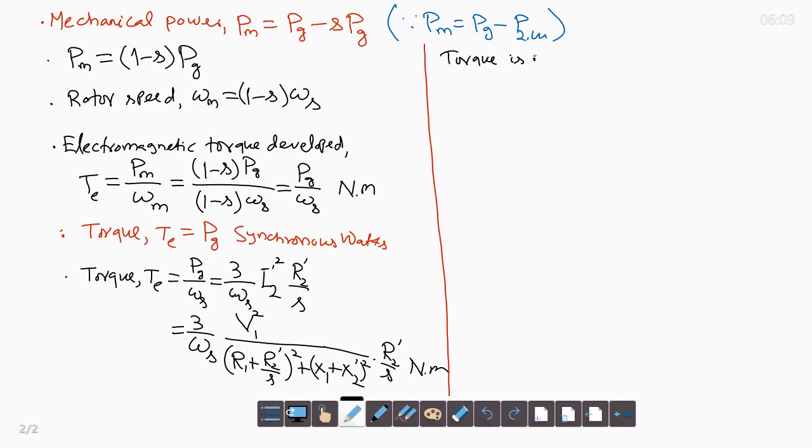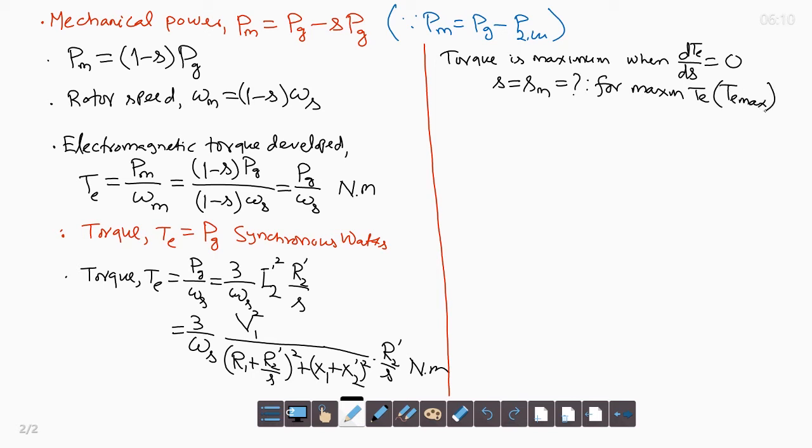Torque is maximum when mathematically dt by ds equals 0, because in the torque expression slip is the only variable. So, when dt by ds equals 0, then torque is maximum. From that you can find out what is s equals to Sm, the value for maximum torque. There is another way we can find out.